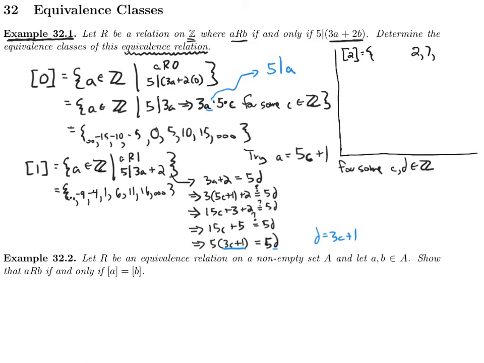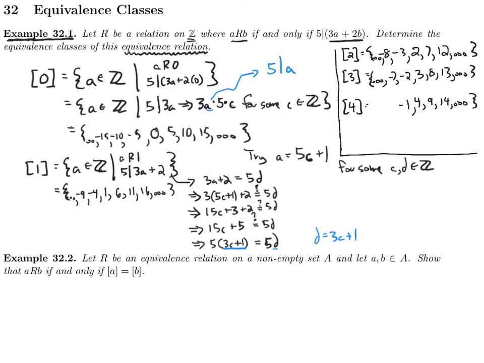So 2, 7, 12, etc. to the right, and negative 3, negative 8, negative 13, whatever, to the left. 3 is going to be 3, 8, 13 to the right, and negative 2, negative 7, negative 12, whatever, to the left. And finally, 4 is going to be 4, 9, 14, etc., going positive, and negative 1, negative 6, negative 11, whatever, going in the negative direction.